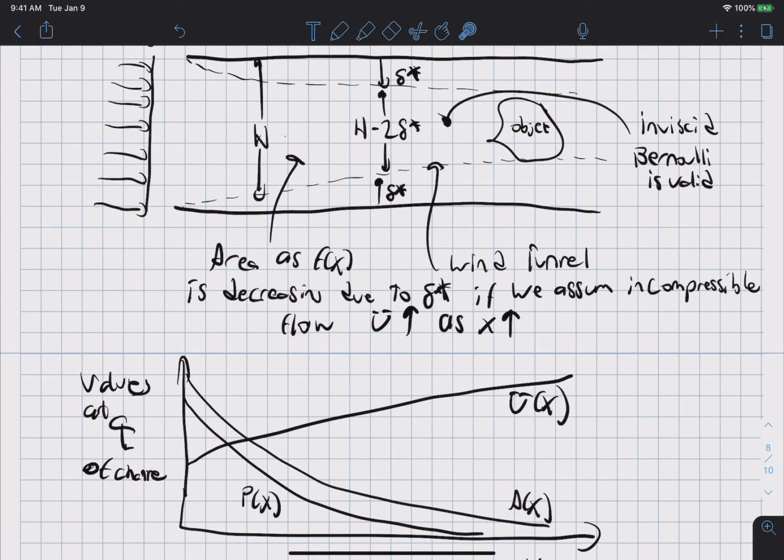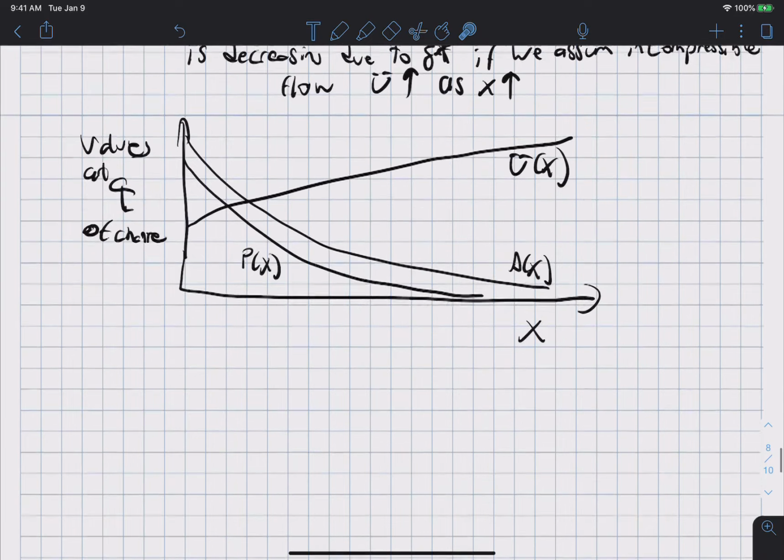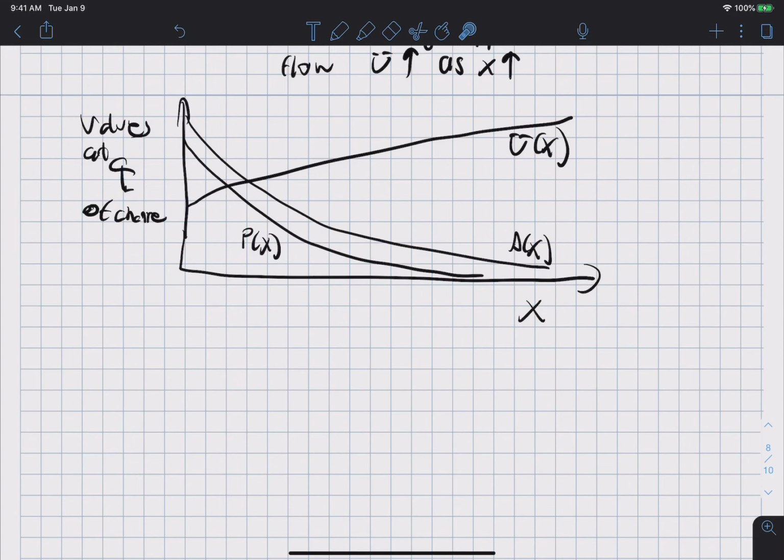And experimentalists typically don't want that. So how do they counteract this? Because this is a boundary layer effect, and that flow acceleration is basically caused by the effective blocking off, or restriction, of the flow by the boundary layer. So wind tunnels want U of x to be constant.